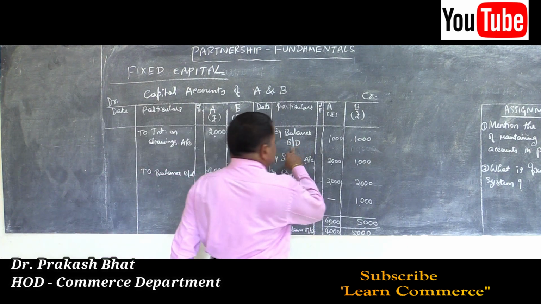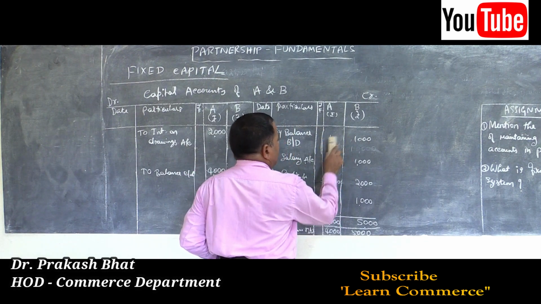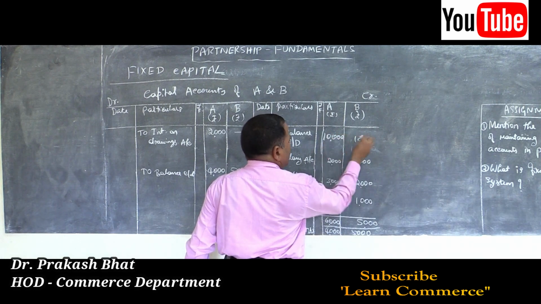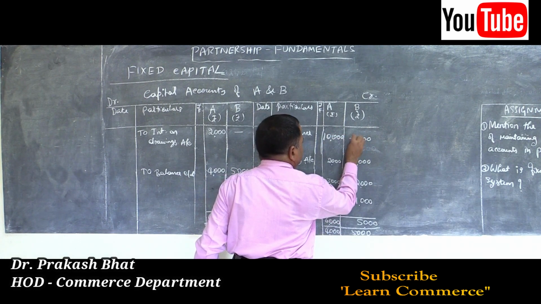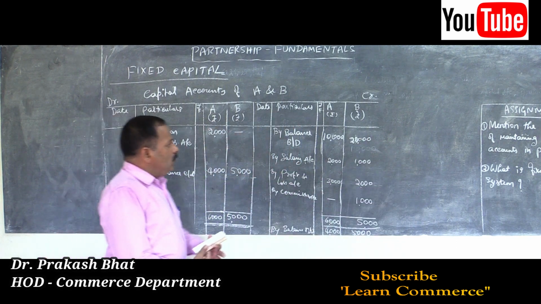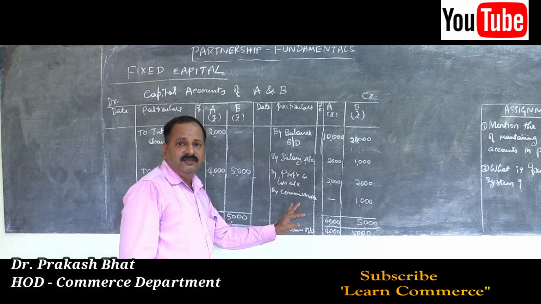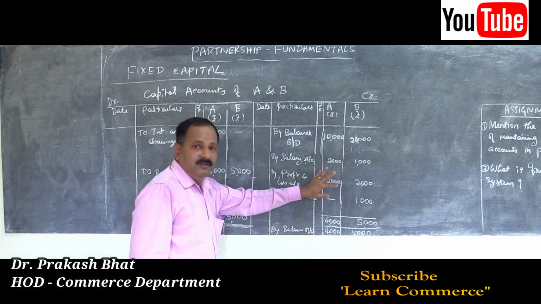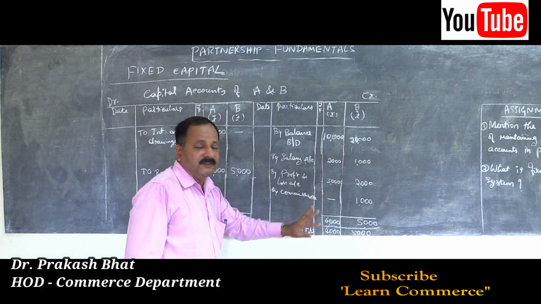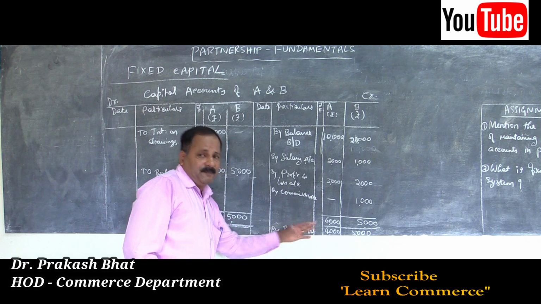So by balance brought down, I will write here 10,000 and 20,000. Then all other entries as it is, no change. You can change the amount, 2,000, you can change 1,000, you can put a dash for one partner, like that. So I will take all these entries as the same.